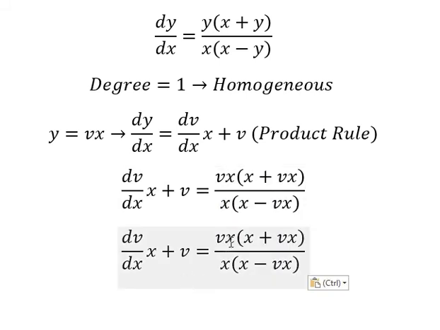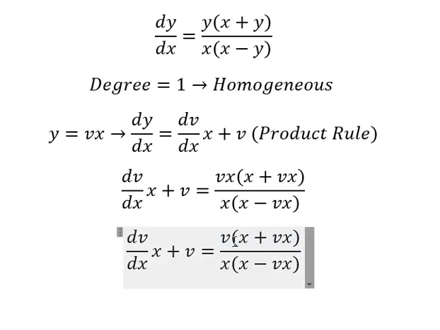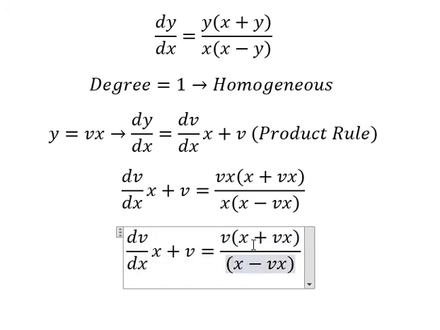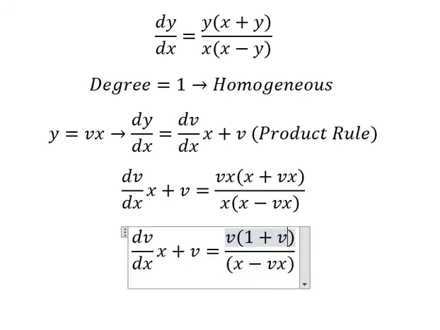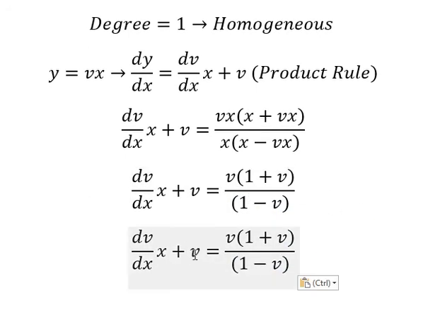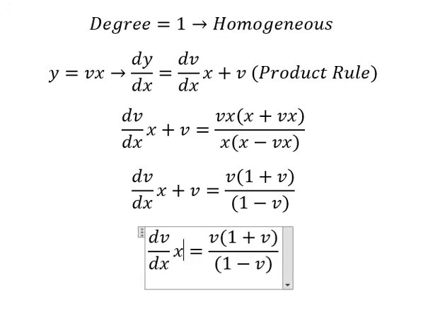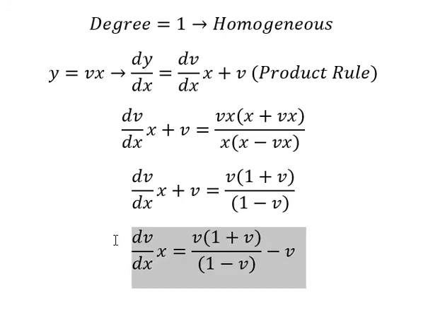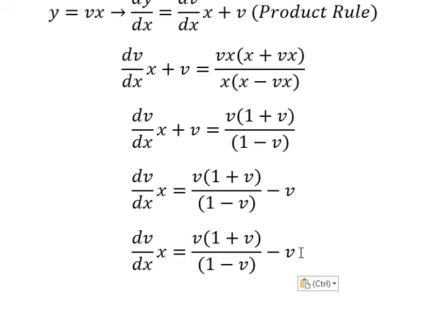Now we simplify s and s. Next, I will put v go to the right and we have negative v. Next, we do common denominator.